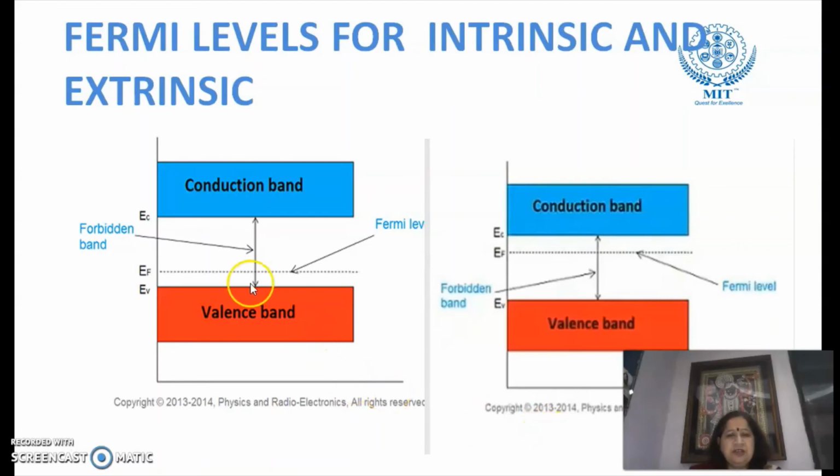Here you can see the Fermi level has shifted to the top of the valence band, and here it is at the bottom of the conduction band. So this is an n-type semiconductor, since the number of free electrons exceeds the number of holes. Here the number of holes far exceeds the number of free electrons.